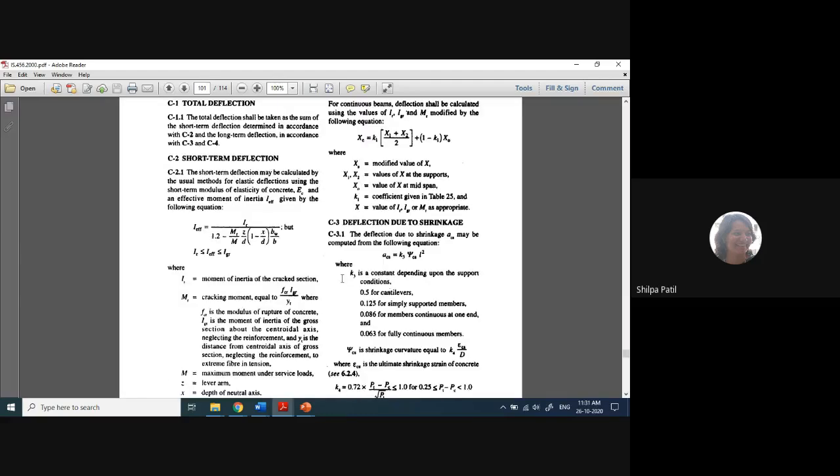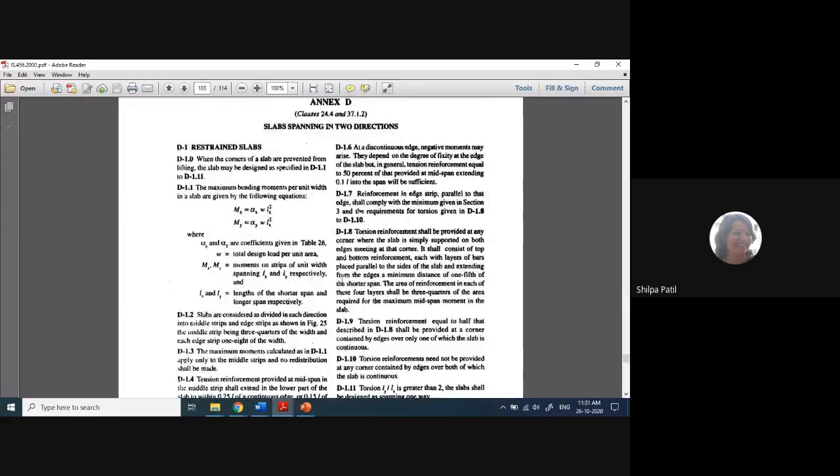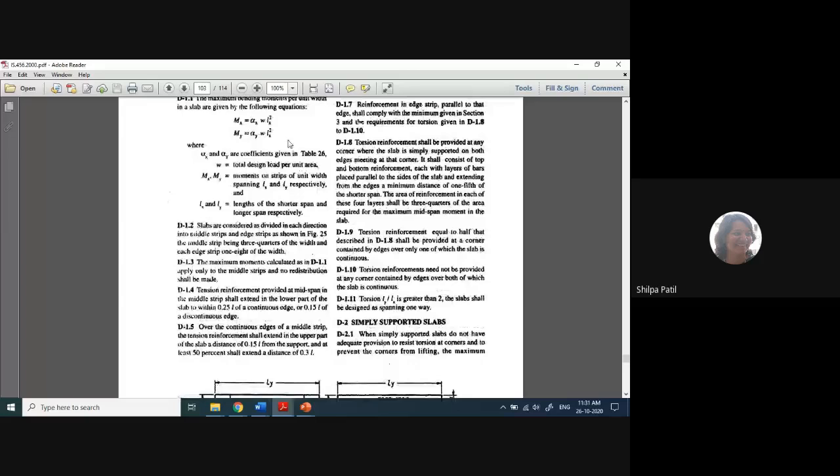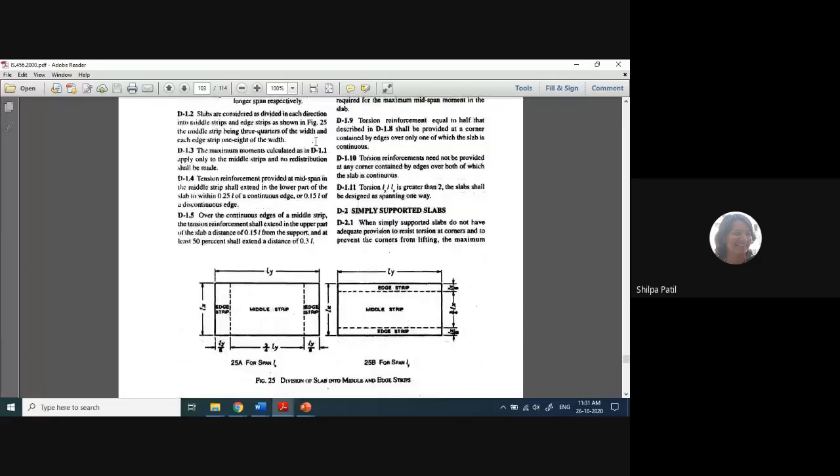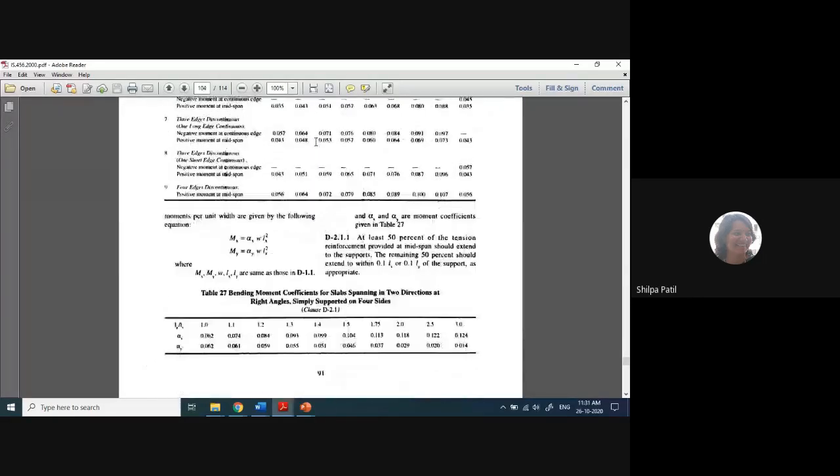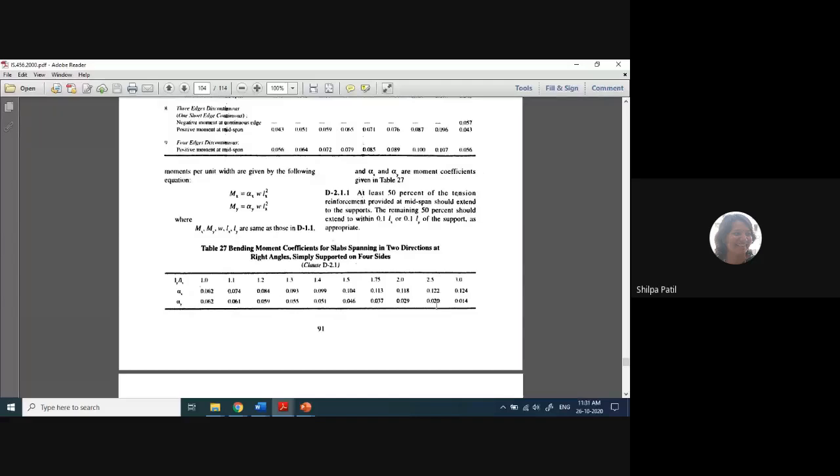This is the formula for finding the bending moments in X and Y direction, and this is the table which we have to refer to for slabs in which the corners are free to lift.